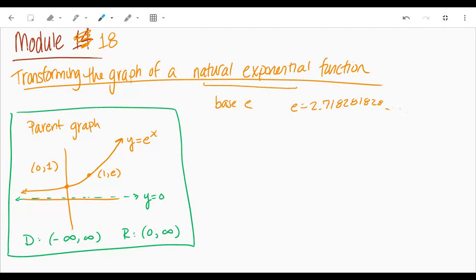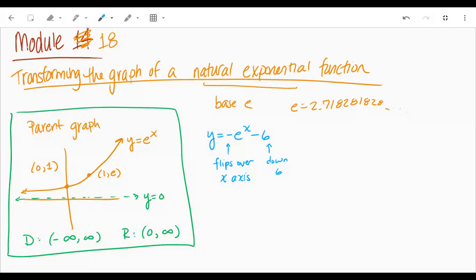It says transform it to make the graph of y equals negative e to the x minus 6. And it also wants you to give the domain and the range of that. So we know that this negative flips it or reflects it over the x-axis, and then this negative 6 moves it down 6.